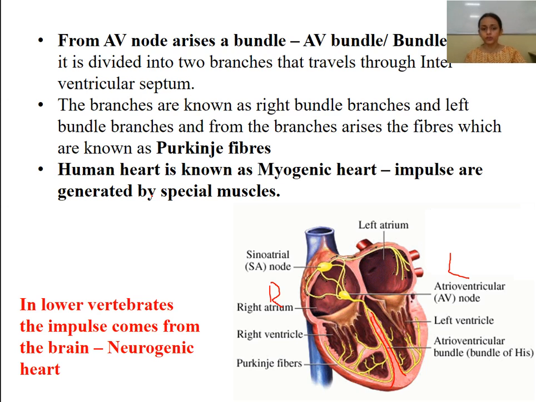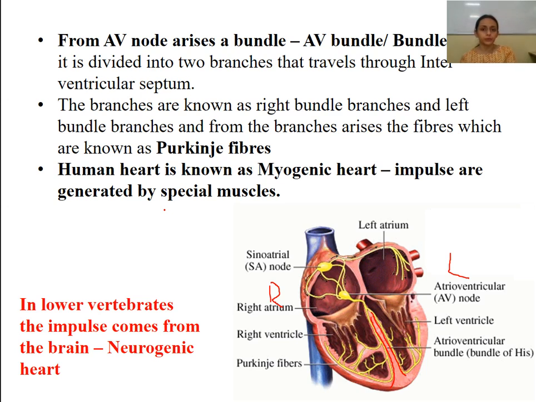Now when we speak about the human heart, it is known as a myogenic heart. Why is it called a myogenic heart? Because the impulse is generated by special muscles, which are special cardiac muscles. So you can say the impulse is generated from the heart itself. That is how it is called a myogenic heart.